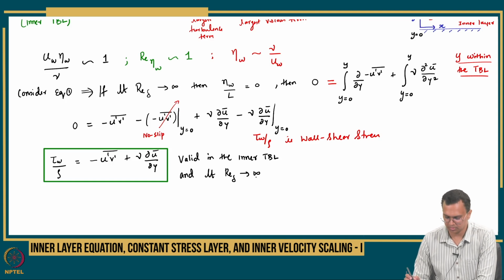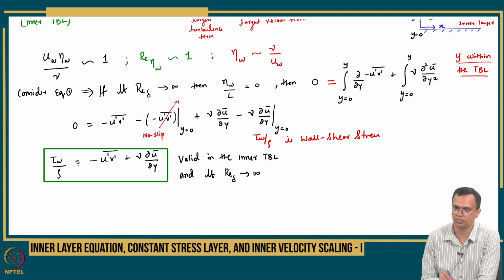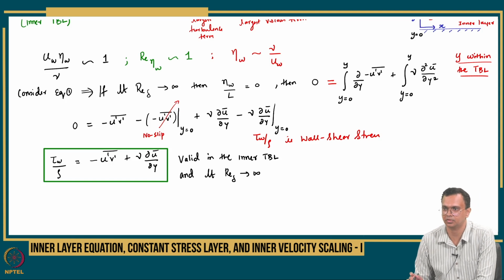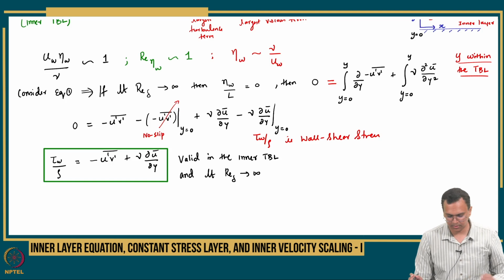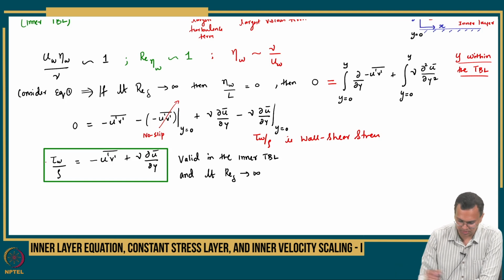So for a finite Reynolds number, this will not be equal, it will be approximate. So wall shear stress is approximately equal to this. Okay, and this is what we call a total stress here.